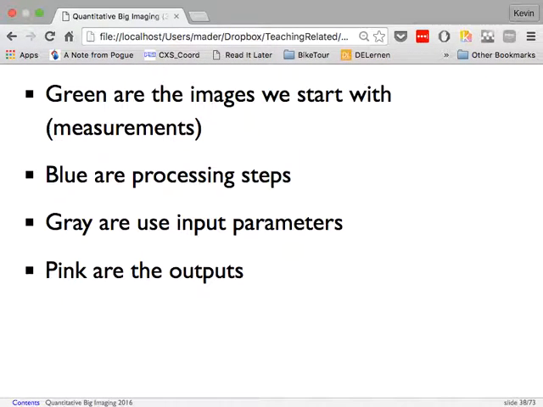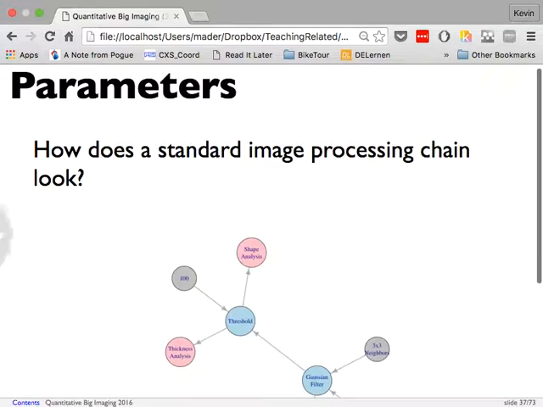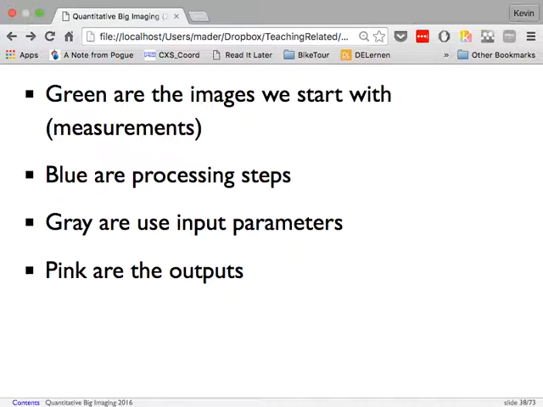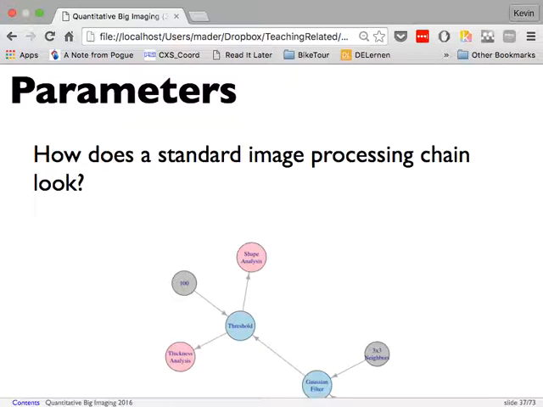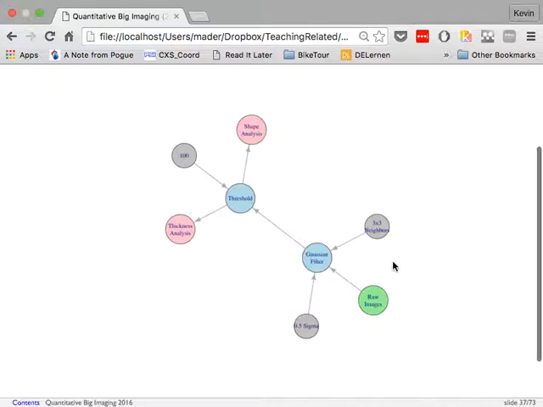So the idea is that this sort of shifts gear completely away from what we had before, and this is looking at a standard image processing work chain. And so you have your images come in here, you have nodes that do this processing, and you have inputs to these nodes that determine what kind of analysis you're doing.